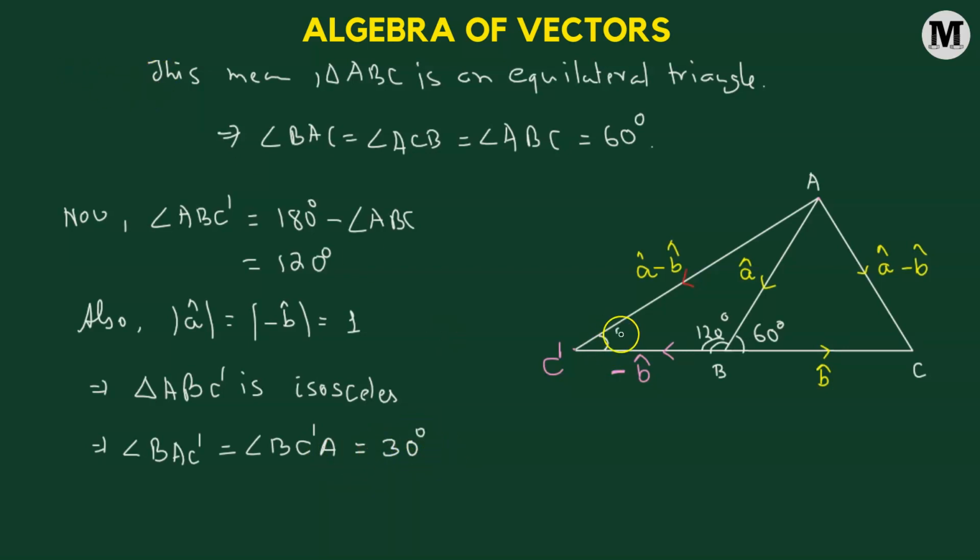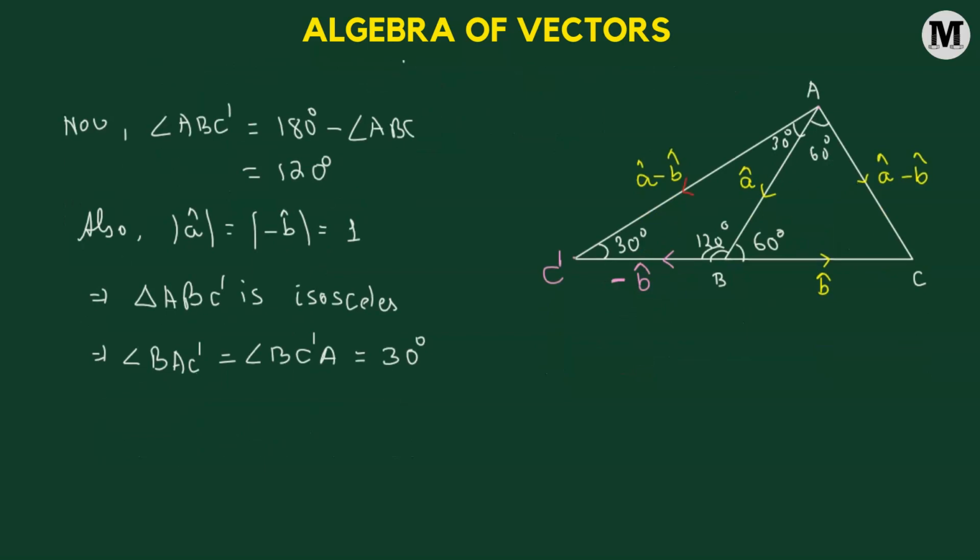So let's write it down. Clearly BAC is 60 degrees and BAC prime is 30 degrees, which means that CAC prime is 90 degrees, and that means we have a right angle triangle which is right angled at A.